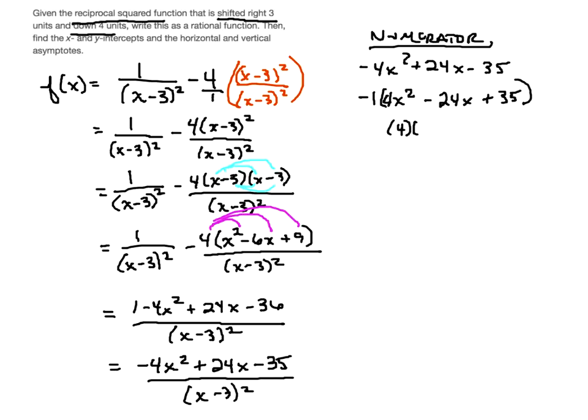Okay, so AC method, 4 times 35 is equal to, what is 4 times 35? I guess I should grab my calculator because I can't do that in my head this morning. 140.